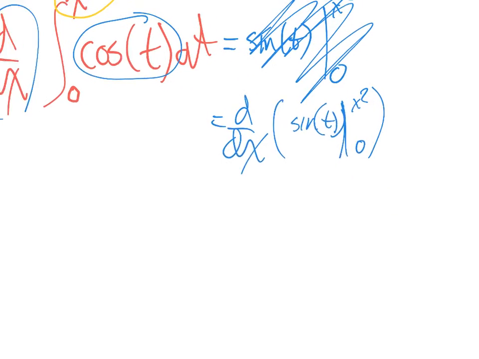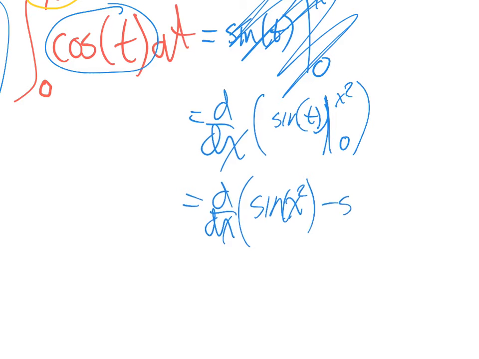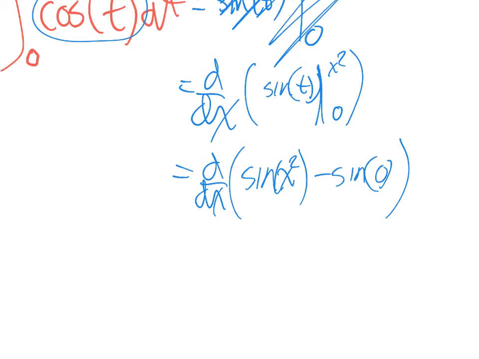Okay, sorry about that, folks. So now I need to replace, so that's going to be d by dx of sine of x squared minus the sine of 0.